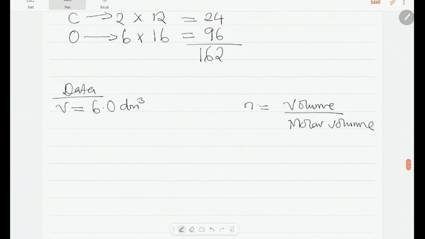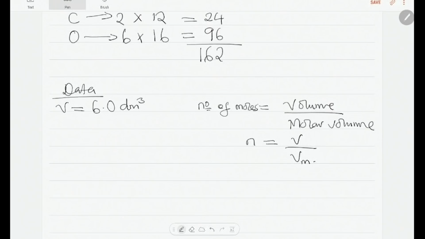N is equal to V over Vm, where N is the number of moles, with the unit mole; V is the volume, with units centimeters cubed or decimeter cubed; and Vm is the molar volume, with units of decimeter cubed per mole or centimeter cubed per mole.